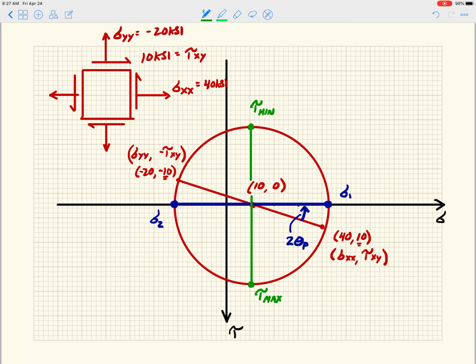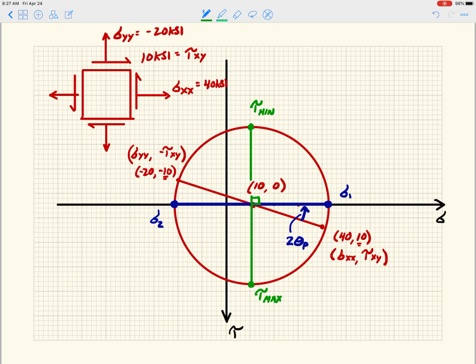Because the circle is always centered on the sigma axis, that means that tau min and tau max are the same. Every state of stress has a balanced min and max tau. And you can notice that they are always 90 degrees from the principal axes.